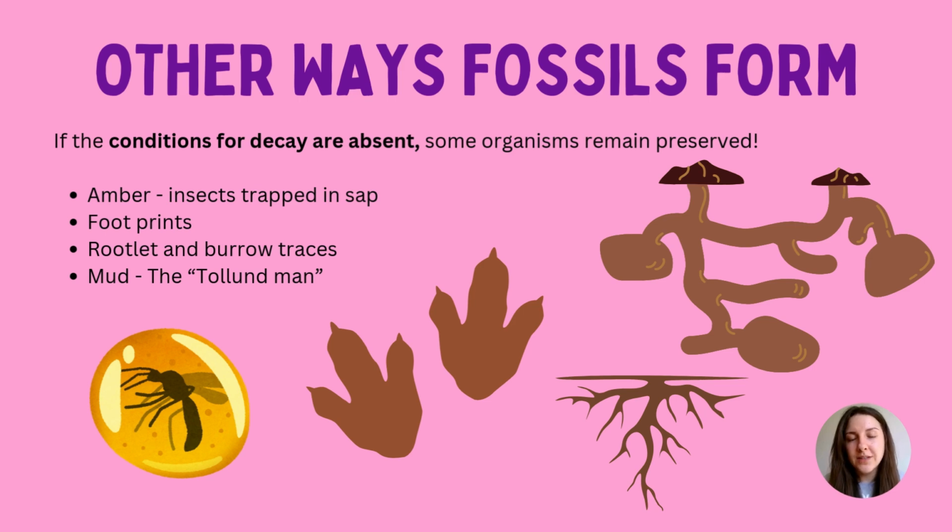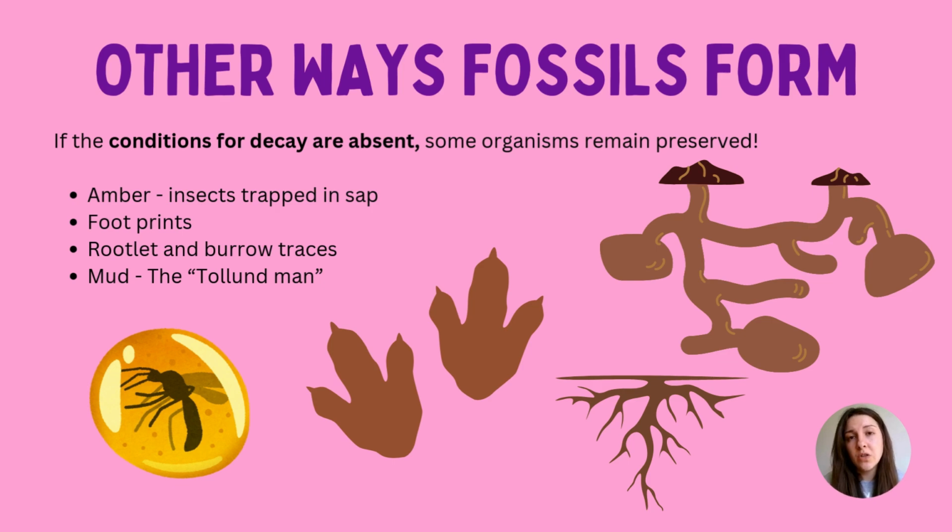We also have footprints of organisms. We have rootlets and burrow traces. So this is how animals have burrowed underground, or how plants have essentially spread their roots in the soil. We even have unfortunate cases of humans that have actually been fossilized, but it helps us understand how humans have evolved as well.